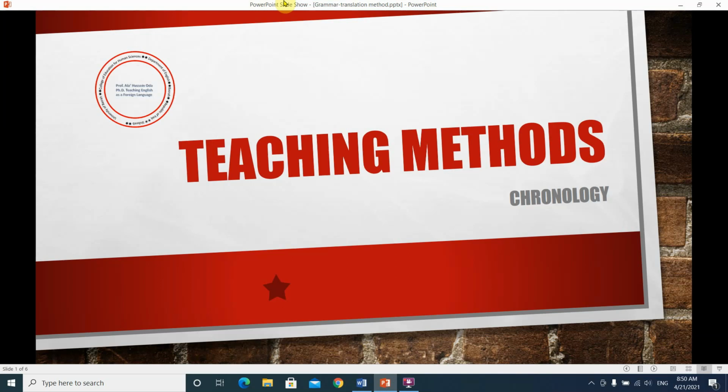I'm going to talk about a few of them which are found in your book. In addition, I think, to one method which is not included in the book, but it is very necessary in order to follow the timeline of the development of these teaching methods. We are going to follow these methods chronologically, in a chronological order.